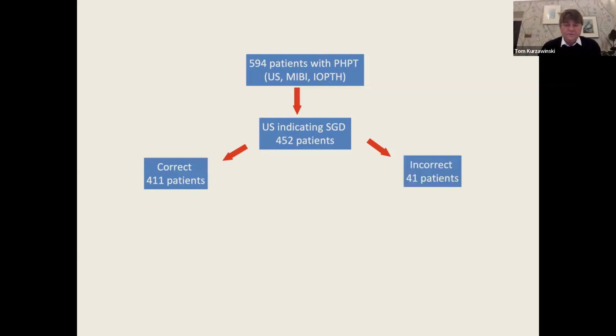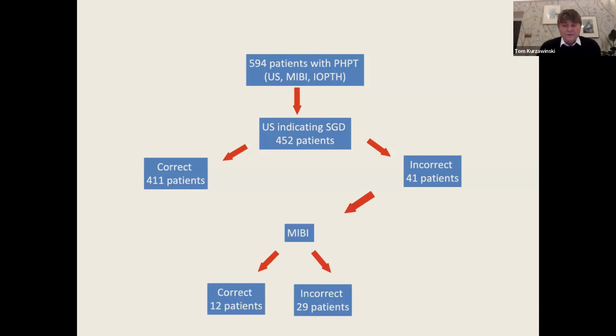But what was a much more interesting group is what happened when the ultrasound was incorrect. It was 41 patients. Now, because all of these patients had a MIBI, you can see that in the patients with incorrect ultrasounds, the results were not really greatly corrected by the MIBI, because the MIBI was correct in only 12 patients, and it was still incorrect in 29 patients.